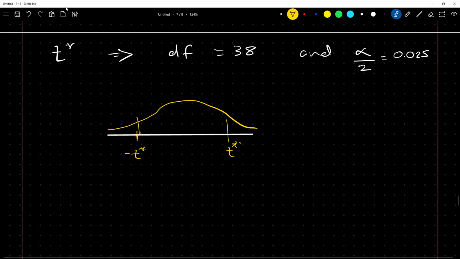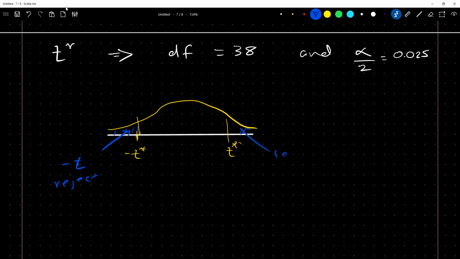And if our T score that we calculate already is between these two, then we fail to reject. But if the T score, which in this case would be a negative T score, is in here, this is the reject region. And if it's in here, then it's also a reject region, positive T.